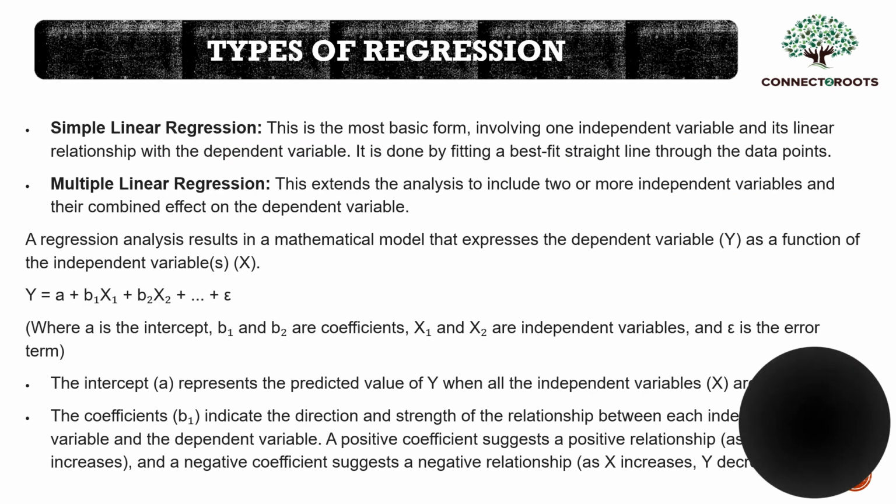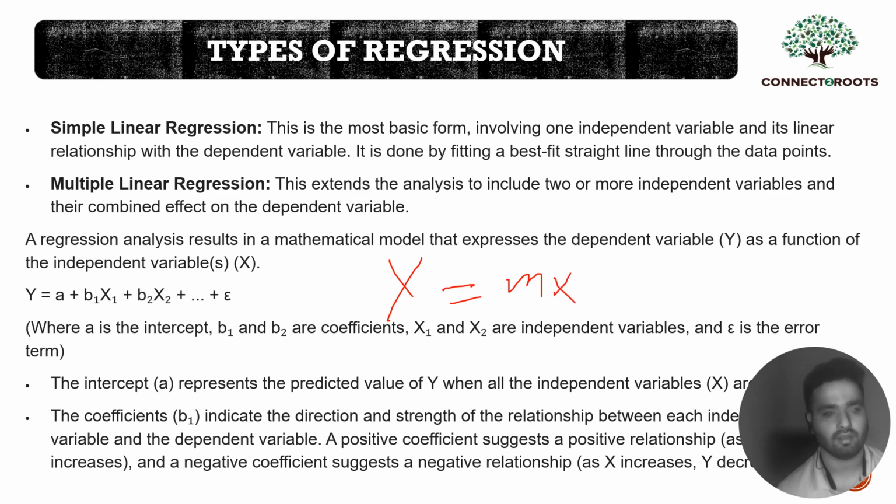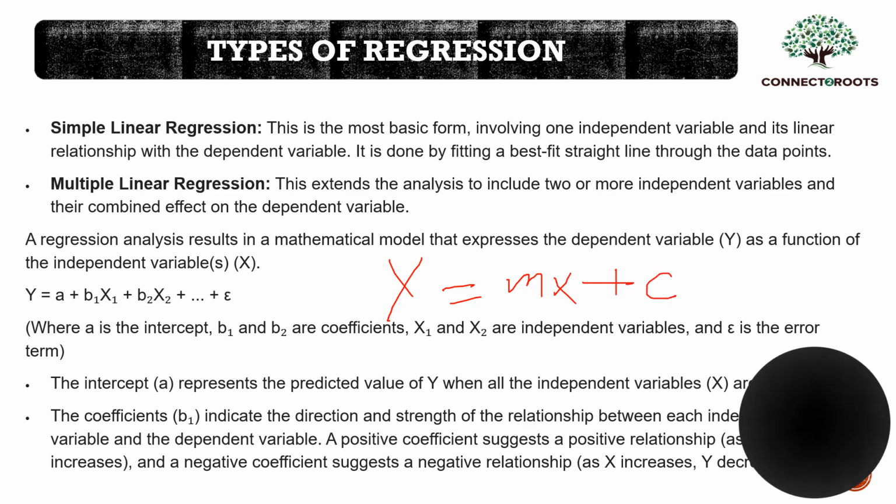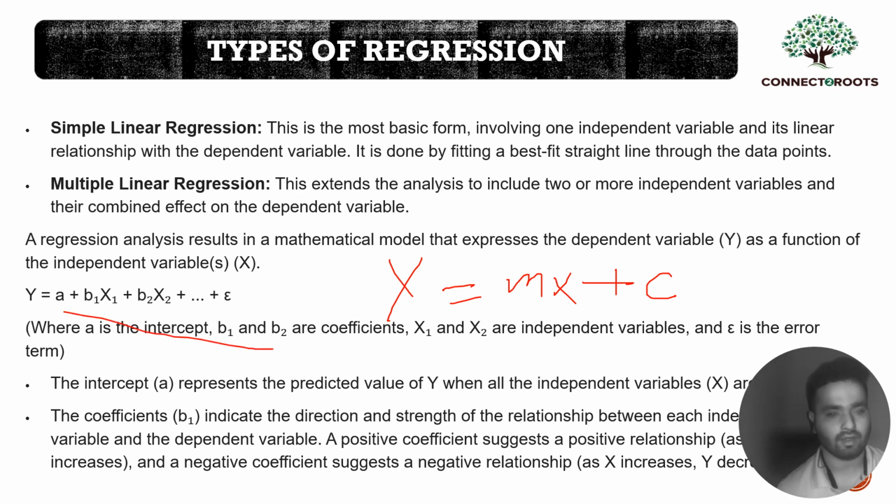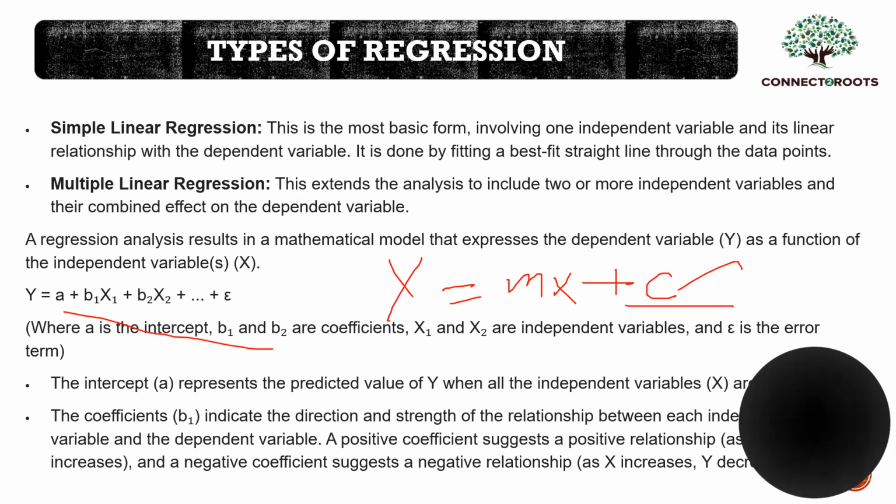So, types of regression. You can simply see regression as a simple equation of a line. The simple equation of a line is y = mx + c. The regression equation is similar, where c is your intercept. Here also, A is your intercept, where x1, x2 or x3 will be your independent variables. There are simple linear regression and multiple linear regression.